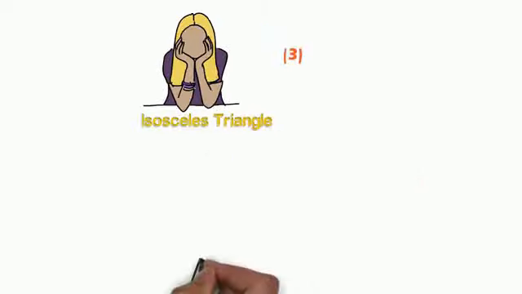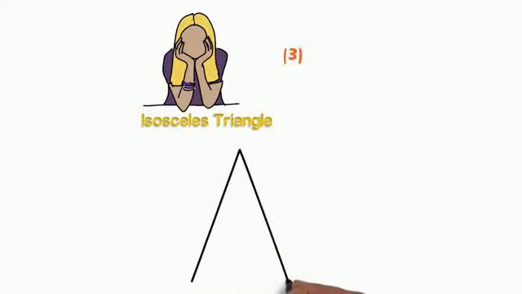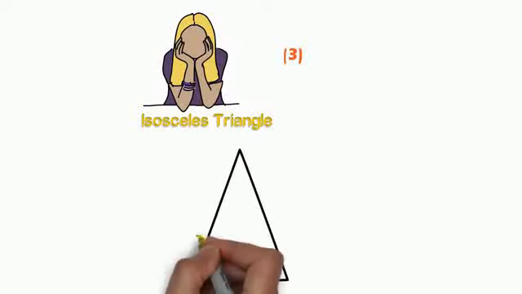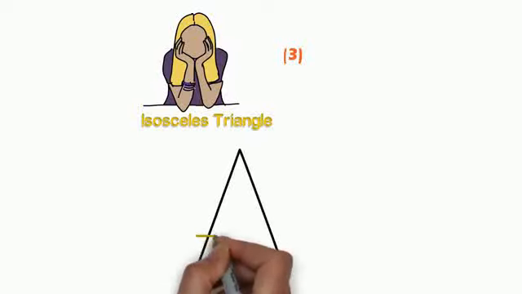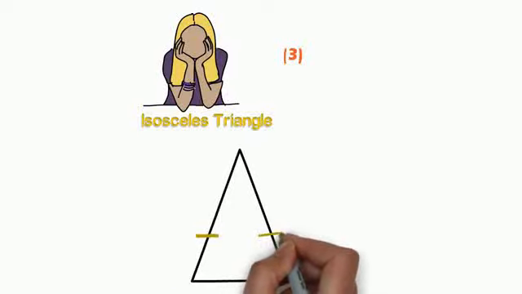It's a triangle which has 2 sides that are equal. Now we don't have 3 sides, it's just 2 sides that are equal, creating an isosceles triangle. And usually those marks in gold mean that those sides are equal.